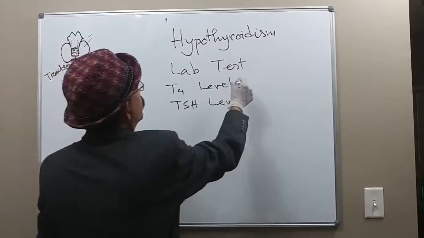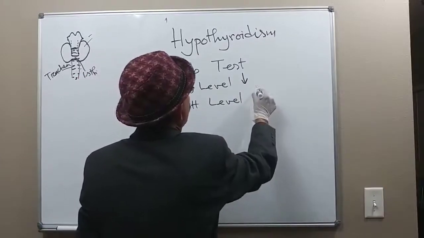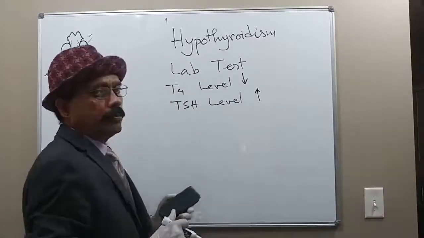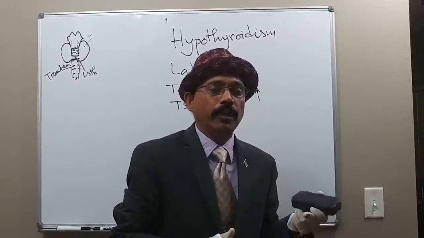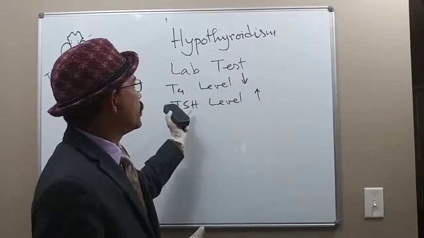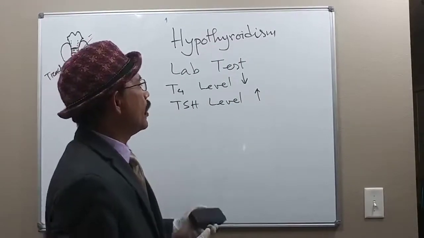Usually in hypothyroidism, T4 is less and TSH is high, except in case of pituitary destruction or hypothalamic destruction. The usual picture: T4 is less, TSH is high.